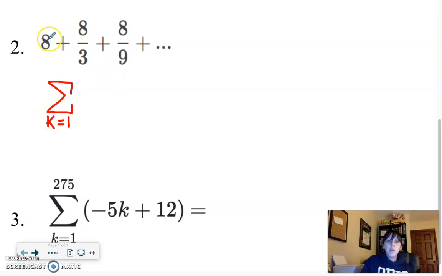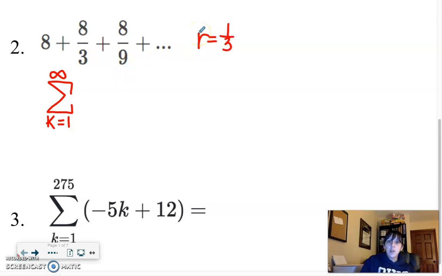So we'll just say K equals 1 means start at the first term and then add up until when? Well, we're going to keep going to infinity. And then here I need to put my explicit formula for this sequence. It is geometric. You can tell that this 8 is being divided by 3 and then divided by 3 again, or timesing by 1/3 would probably be a better way to describe that.